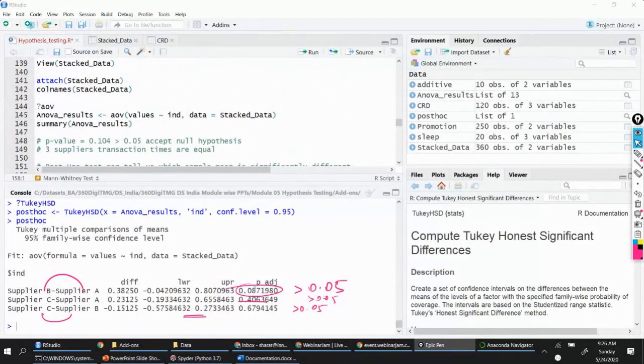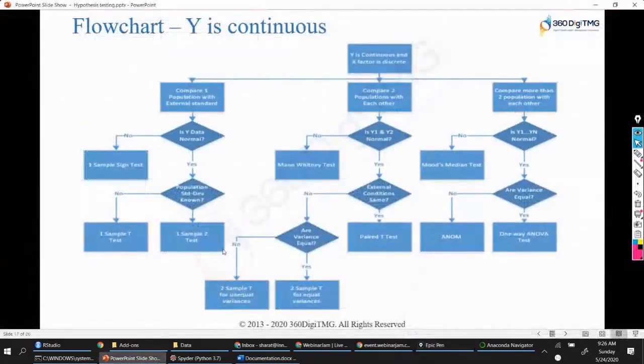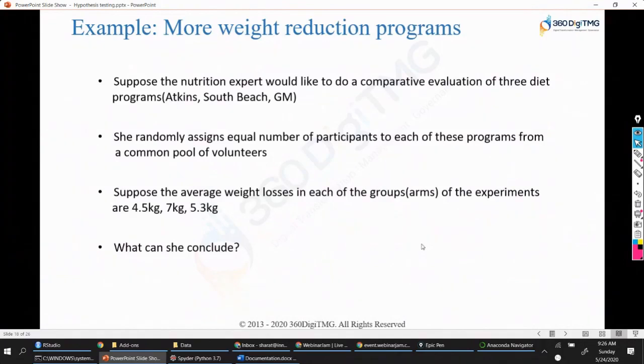If there is a supplier whose transaction times are different, it would reveal here. So that's basically how we do post-hoc tests, which tell us which supplier is different. We'll also do an ANOM test, but before that, I want to talk in a little more detail about the ANOVA test.